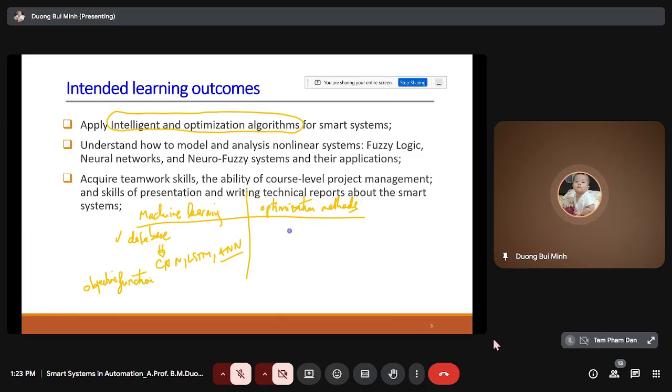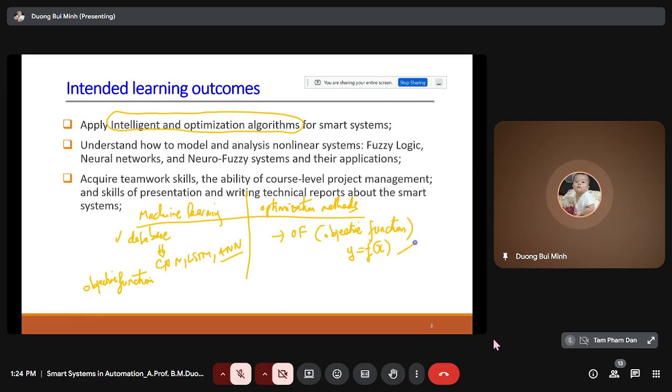But for optimization methods, you must have an objective function. So what is the objective function? The objective function is the function that shows the relationship between input and output, that means y = f(x).